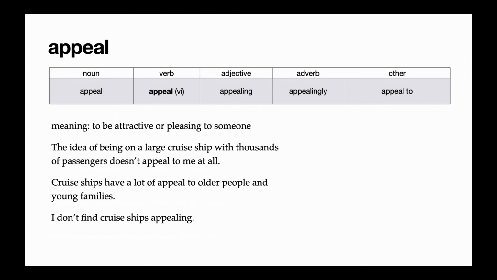That means they have a lot of attraction to older people. And in the last example, we have the adjective form. I don't find cruise ships appealing. It means I don't find them attractive. I don't like the idea of them. Notice that if you want to use appeal as a verb, you can use it with an indirect object and the preposition to. It doesn't appeal to me.